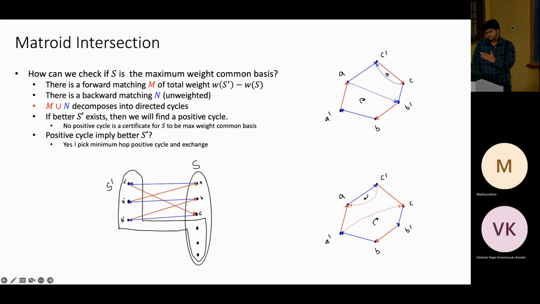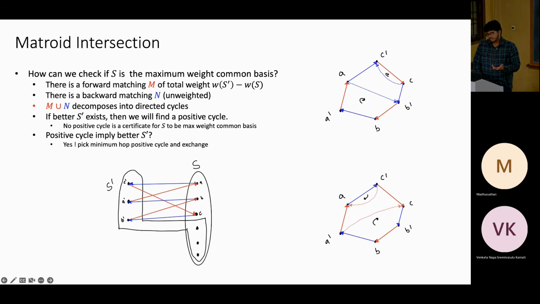So I can just use edges from the blue matching to break the cycle into smaller cycles. And basically the sum of weights of these cycles is the weight of the original cycle. Since it's positive, one of these has to be positive, and that contradicts the minimum hop positive cycle assumption. So that implies that the blue matching has to be unique. So S dash is independent in I1 at least.